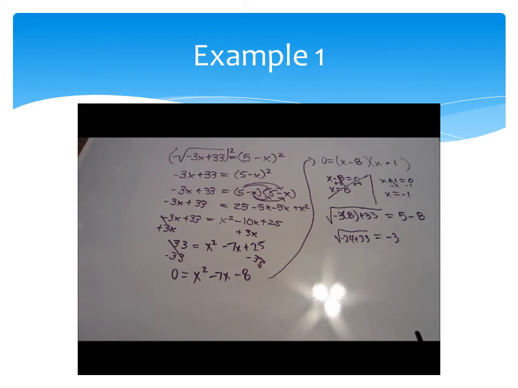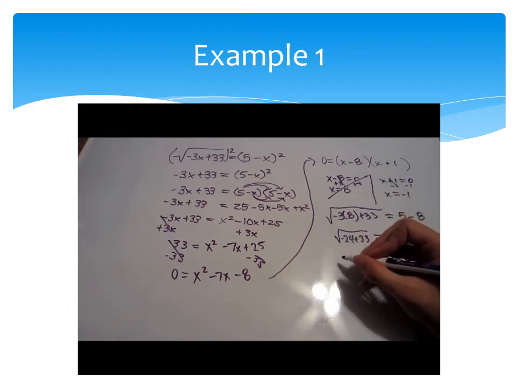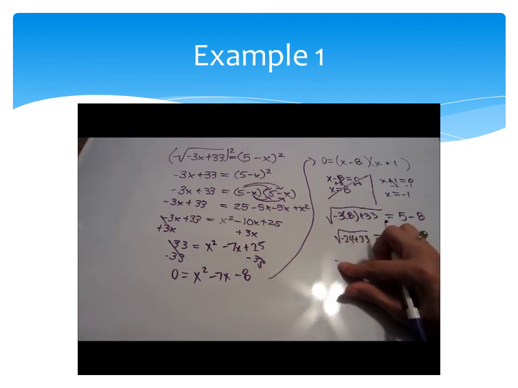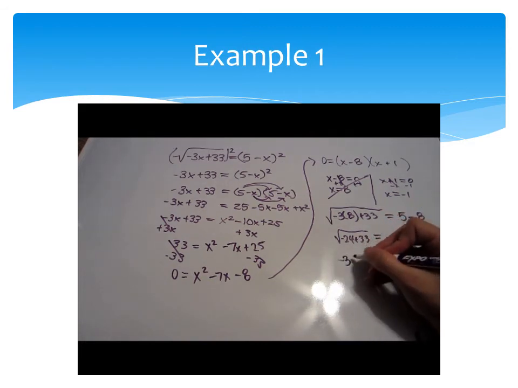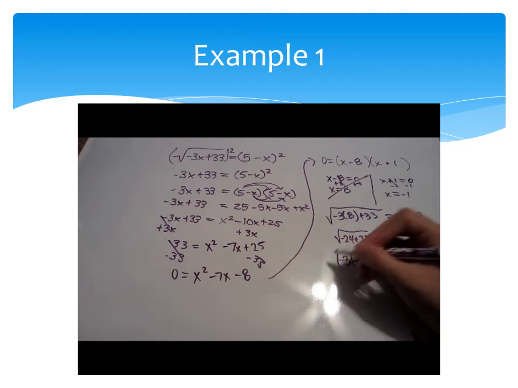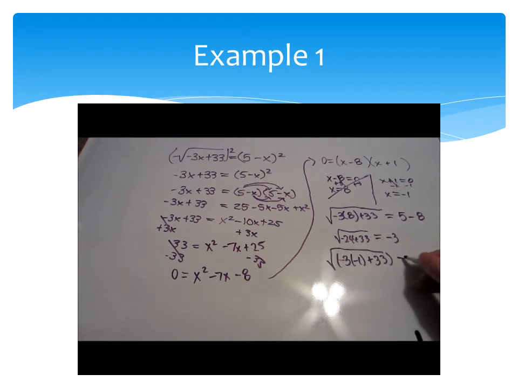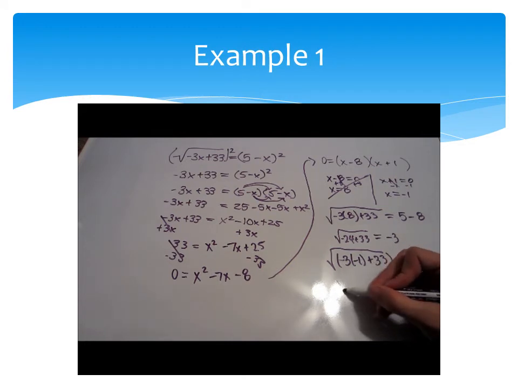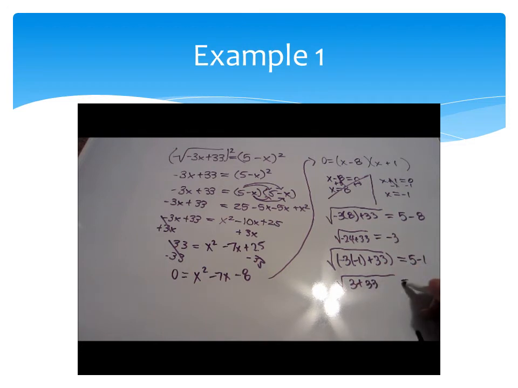Now we can try negative 1. For negative 1, we get the square root of negative 3 times negative 1 plus 33 equals 5 minus 1. Now we get 3 plus 33 equals 4.